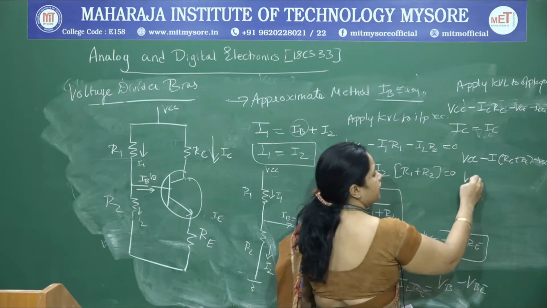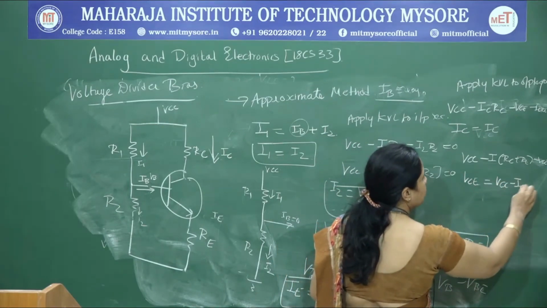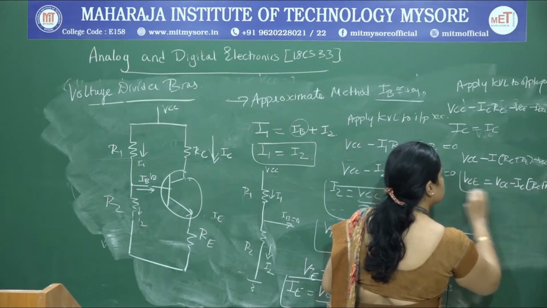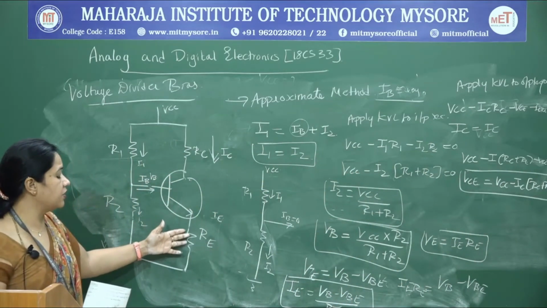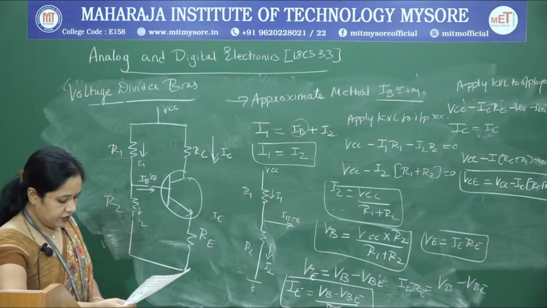We want an expression for VCE. VCE is going to be VCC minus IC into RC plus RE. So, the inclusion of emitter resistance gives you better stability as compared to your previous section.